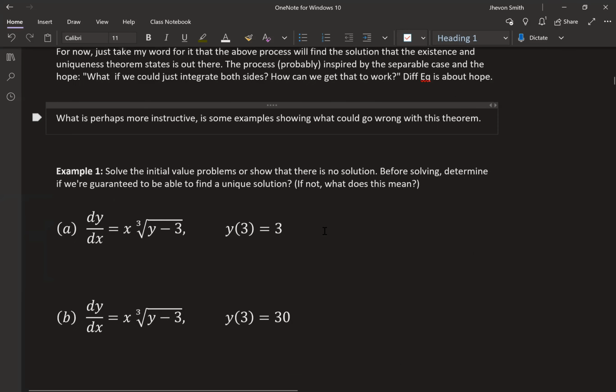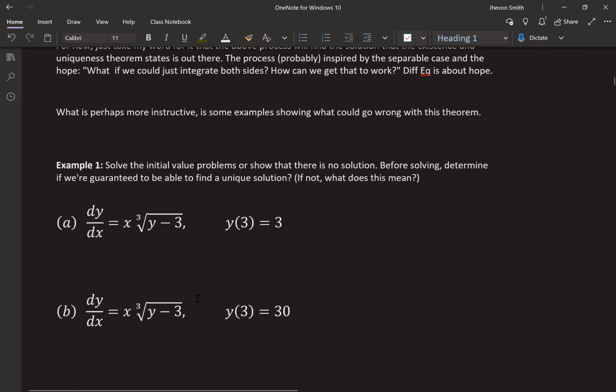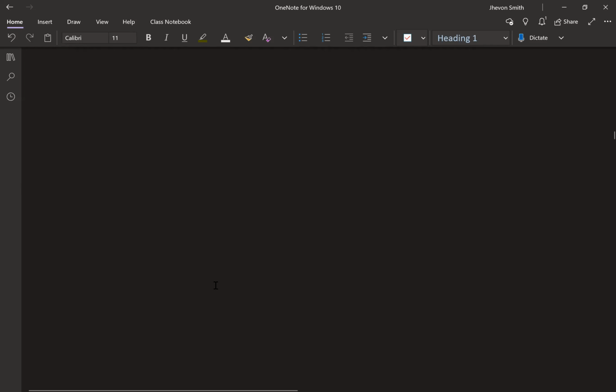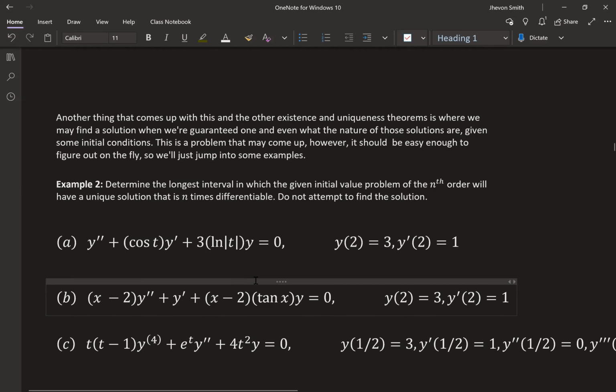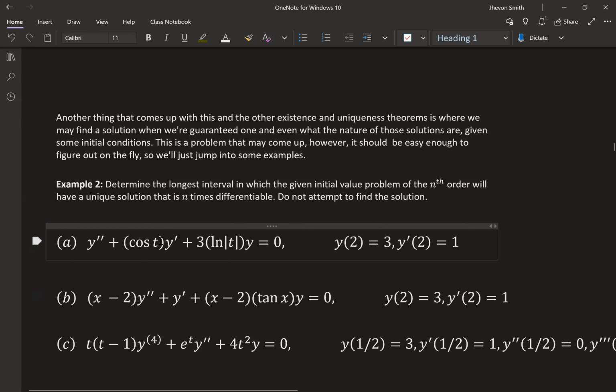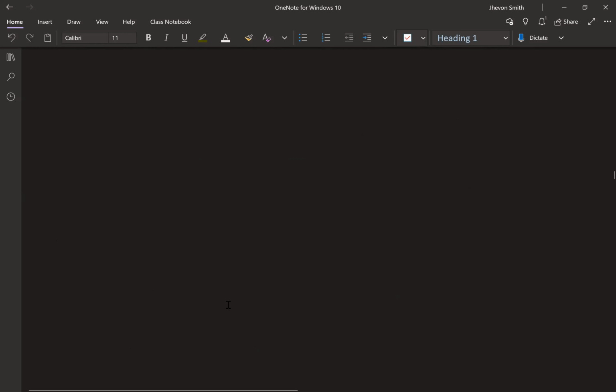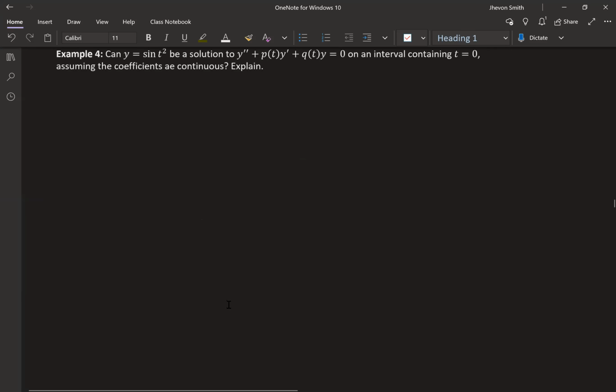And so I think it's actually more instructive to look at a couple examples and just see what happens. I have some examples here that will illustrate the first order nonlinear existence and uniqueness theorem. And then I have some more examples down here where we explore not just first order linear or nonlinear, but talk about where you can find a solution, how you know a solution would exist, and what the nature of that solution is.